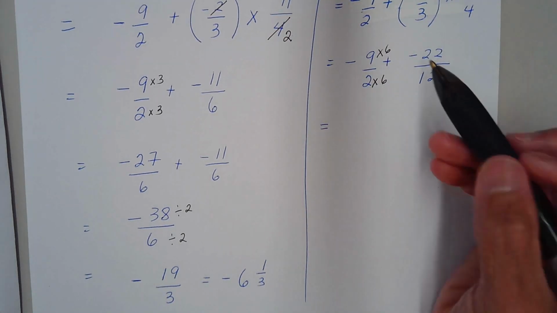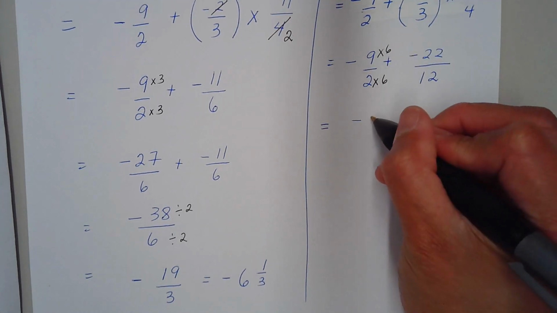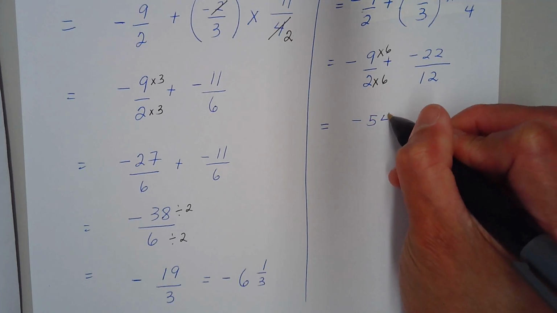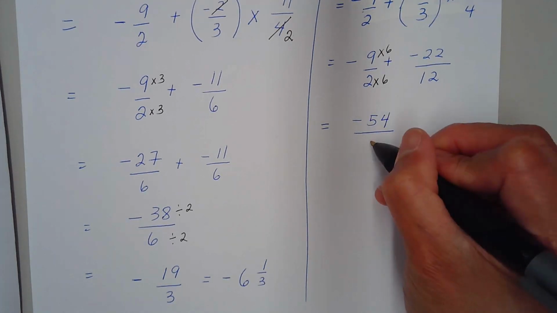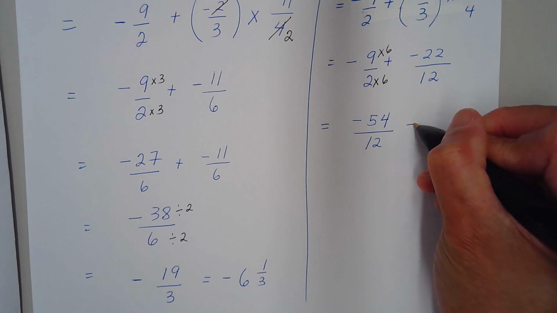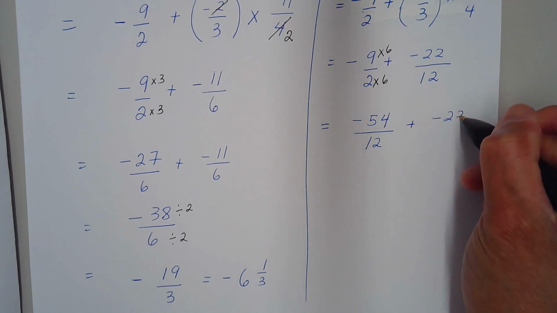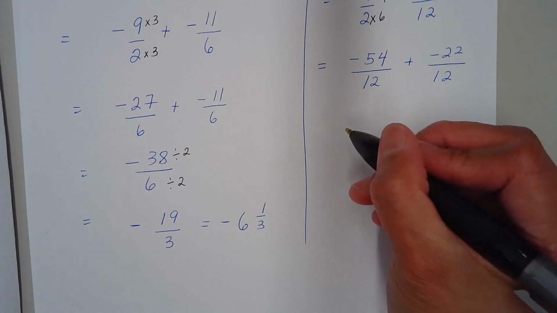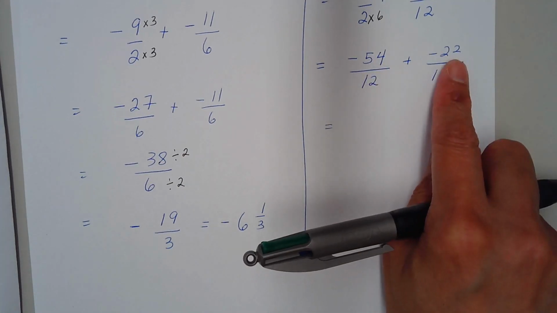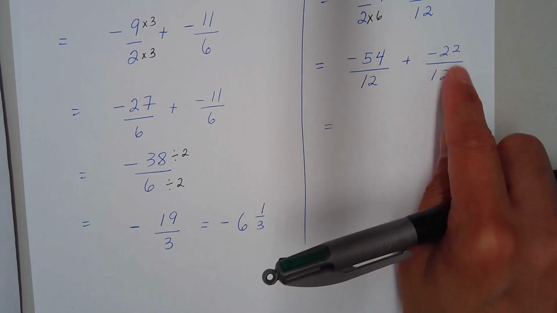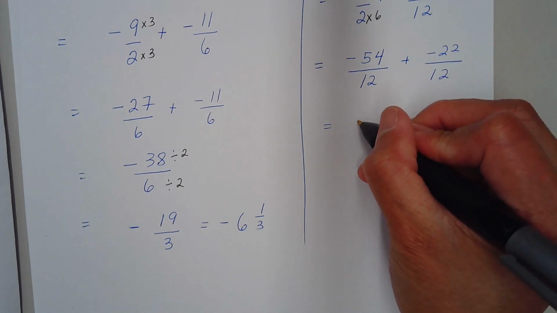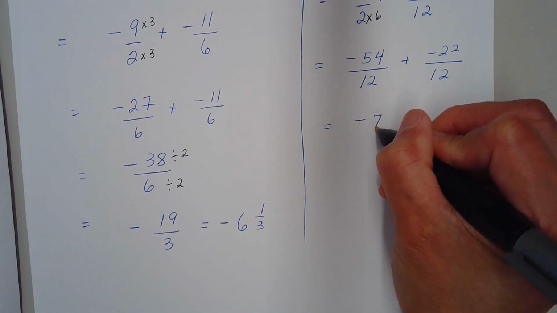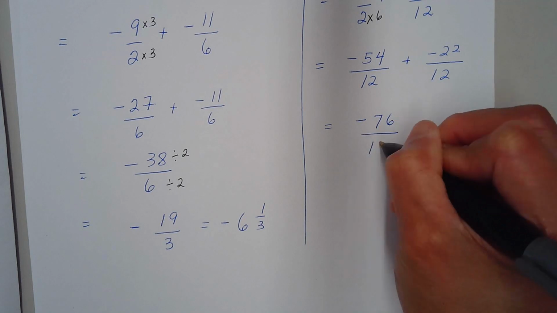That's going to give us negative 54. Sorry, yes, close. It's okay. Plus negative 22 over 12. Now from here, negative 54 plus negative 22 gives us negative 76 over 12.